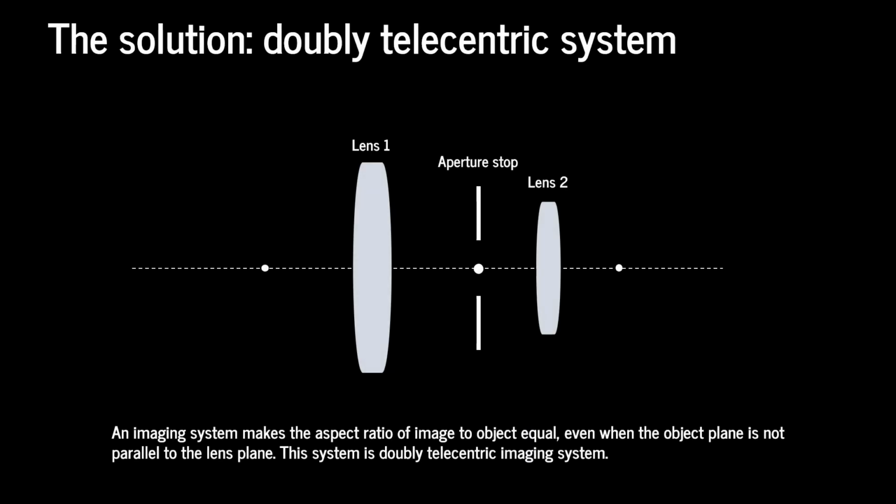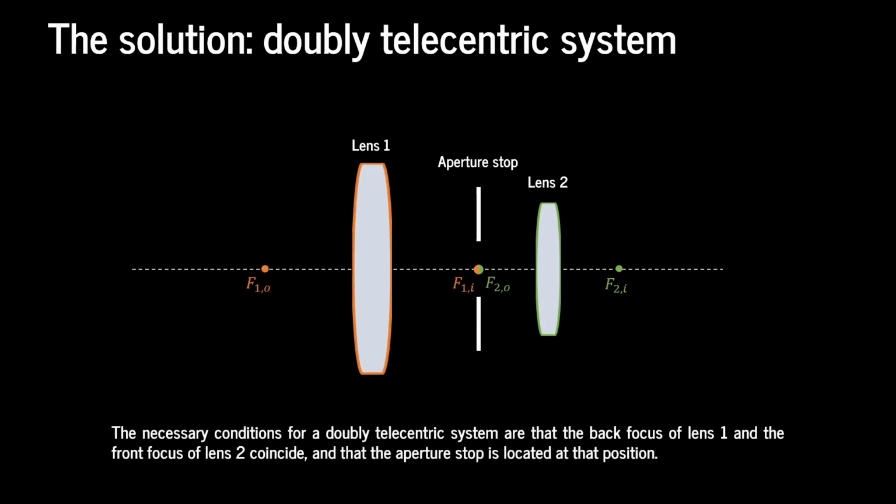An imaging system can make the aspect ratio of image to object equal, even when the object plane is not parallel to the lens plane. This system is a doubly telecentric imaging system. The necessary conditions for a doubly telecentric system are that the back focus of lens 1 and the front focus of lens 2 coincide, and that the aperture stop is located at that position.